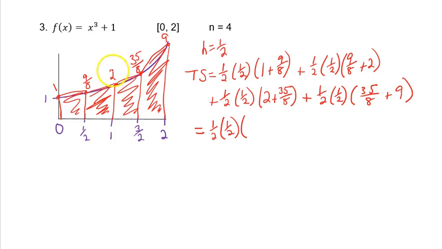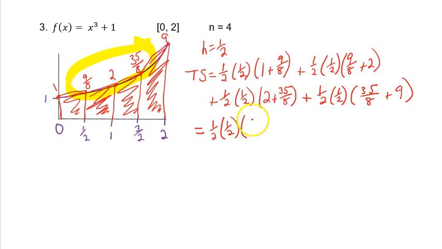All of those that are kind of in the middle, these 3 are part of 2 trapezoids each, so they get used as a first and then as a second base, and so they get used twice. The 1 gets used one time and the 9 gets used one time because they're each only in one trapezoid.